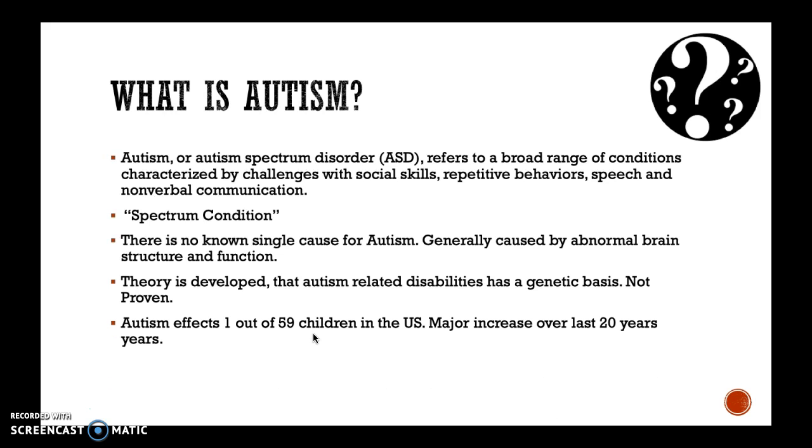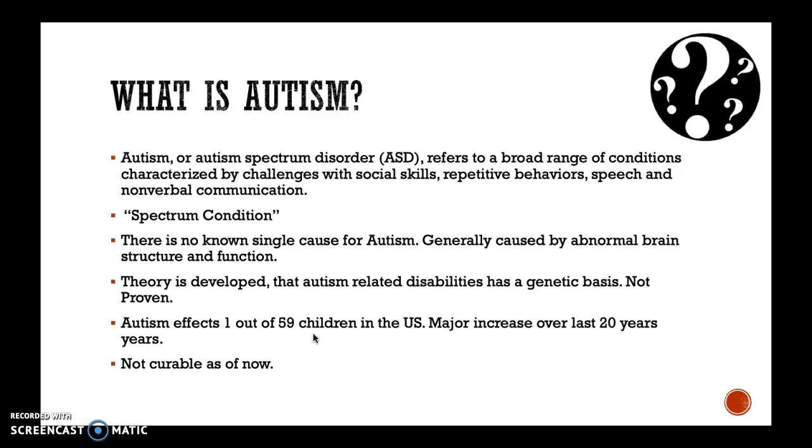Autism affects 1 out of every 59 children in the U.S. That's a major increase over the last 20 years. Back in 2000, those numbers were 1 out of every 150, and in 2012, they were 1 out of 69 children. So, like I said, the numbers have gone up, now that it's 1 out of 59.